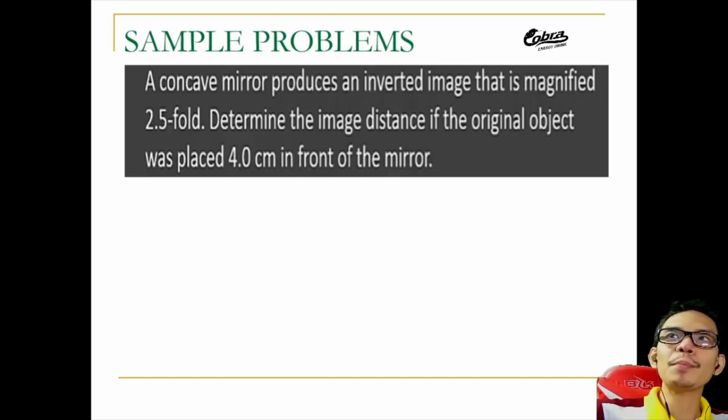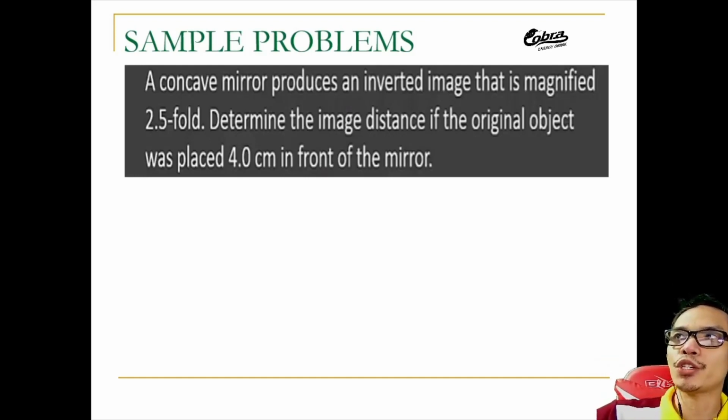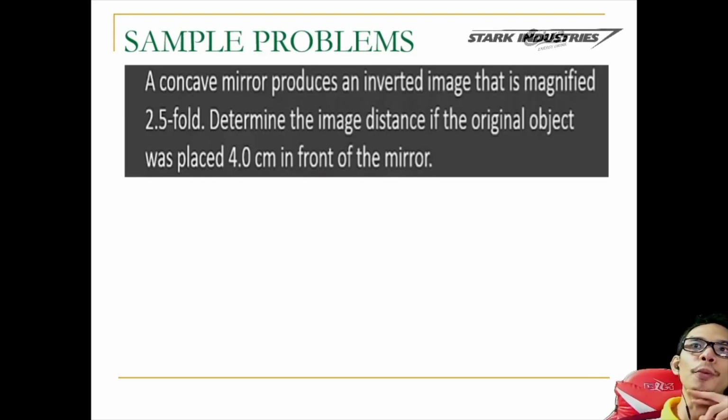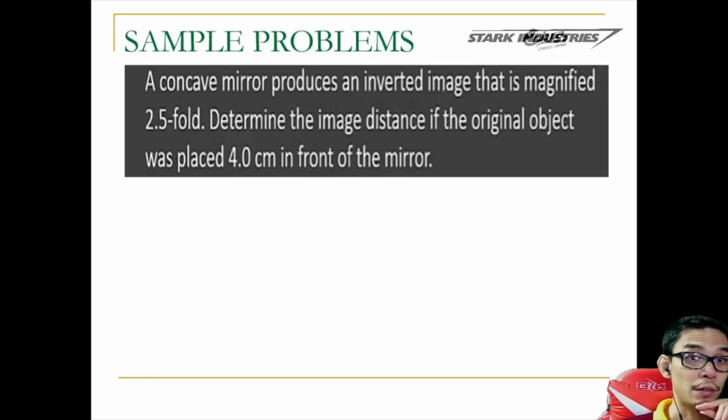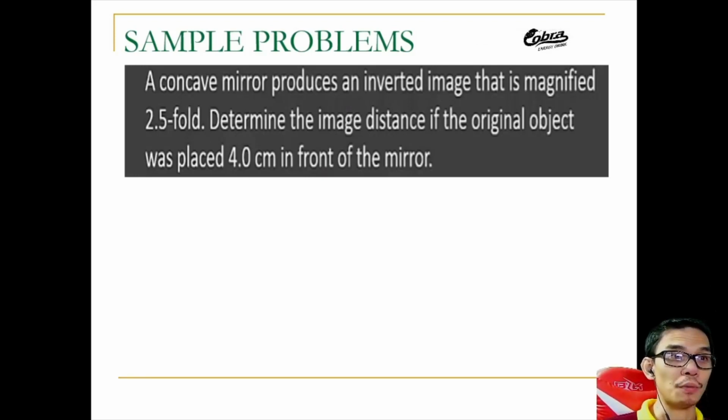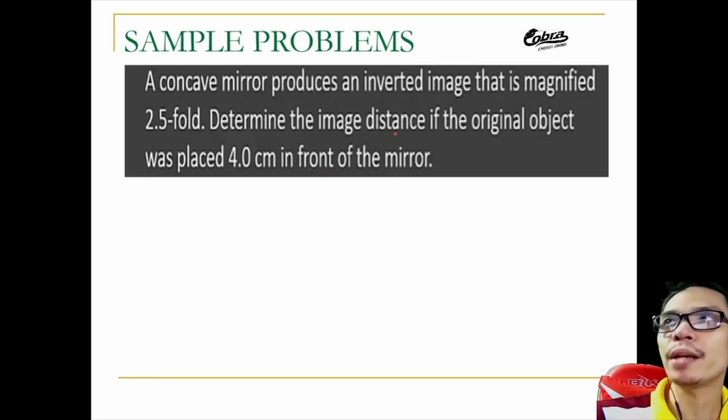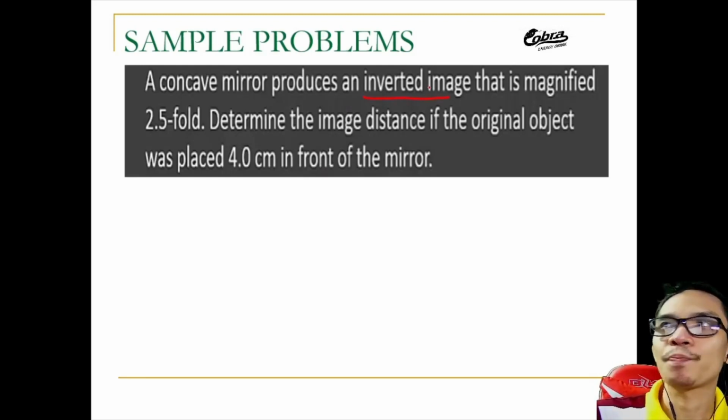A concave mirror produces an inverted image that is magnified 2.5-fold. Determine the image distance if the original object was placed 4.0 centimeter in front of the mirror. So what do we have right here? First, inverted image. The second is the concave mirror.